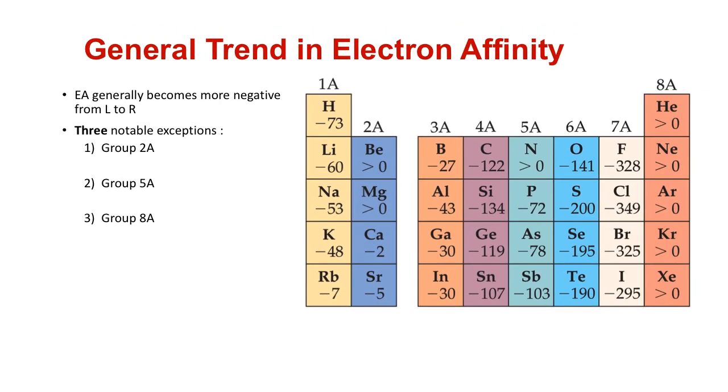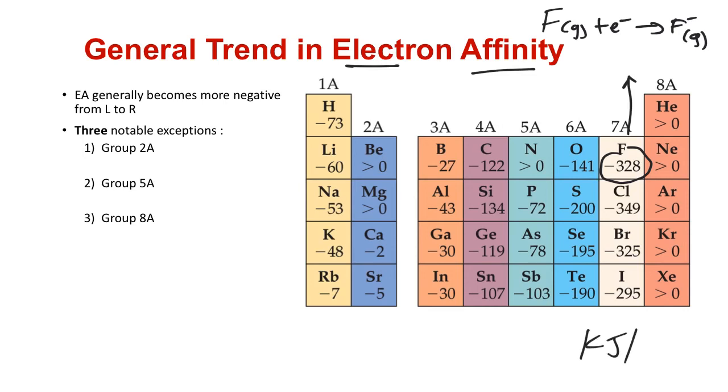So let's look at the trends for adding an electron. The electron affinity is the energy associated with absorbing an electron in. So if we look at F, for example, if we take fluorine as a gas, so F gas plus an electron going to F minus as a gas, the delta H of that reaction would be minus 328 kJs per mole.